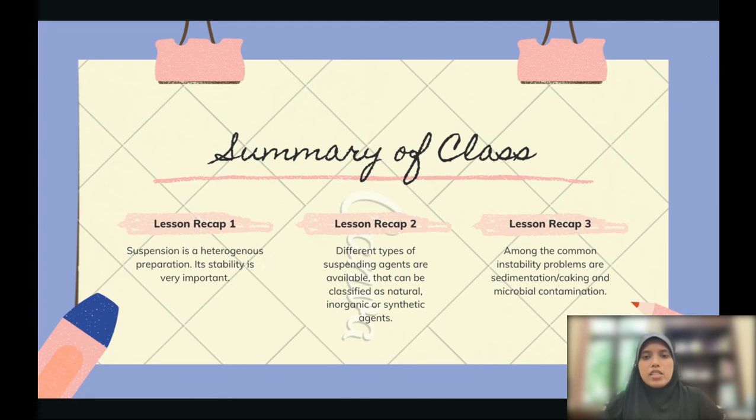Among the common instability problems associated with suspensions are sedimentation and caking, and also microbial contamination. So we have to bear in mind to handle those problems appropriately. And if we are going to prepare an extemporaneous product for less than 2 weeks, we don't need to add any preservative because 2 weeks is short enough for the product to be stable by itself.